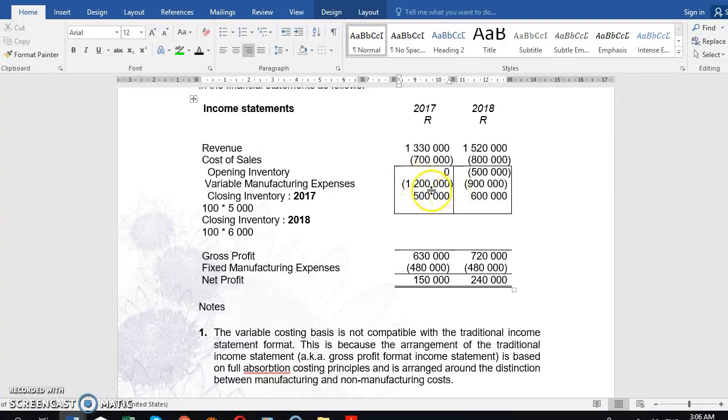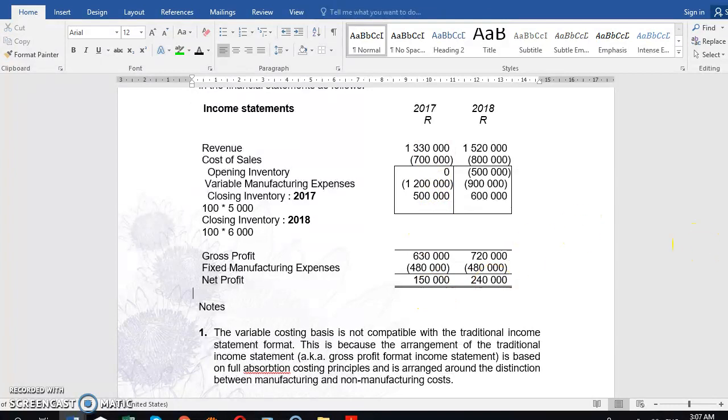We add the 500,000, and so we end up with cost of sales of 700,000. And then remember, fixed manufacturing costs, because it's not in this block, will be included as a period cost, in other words, a separate expense. And that will give you gross profit minus fixed manufacturing expenses of 480, giving 150. Notice that in absorption costing this 480 was included in this block. So that's the key difference.